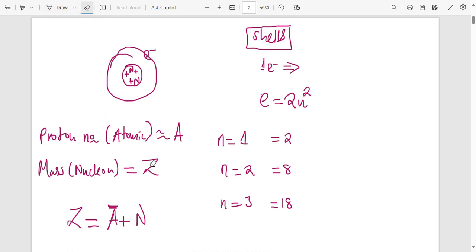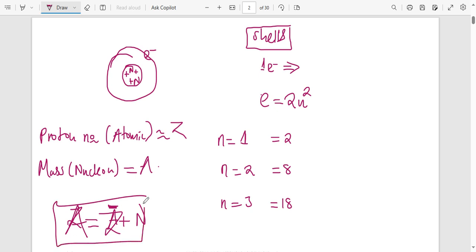Okay, I have actually confused them, so it should be like this: the proton number is Z, the mass number should be A. In case there is a confusion, you can still confirm that, but it's not that vital for you to know. It can't affect your marks.